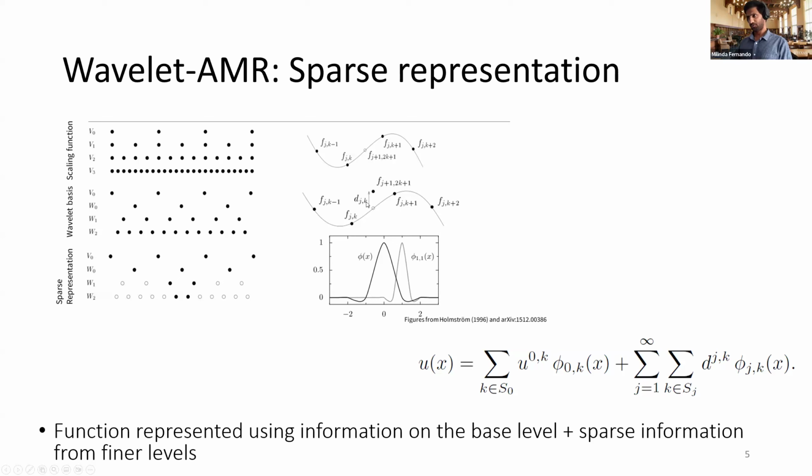If this error is larger than the specified threshold, we decide to keep the final level, otherwise we eliminate it. So this is the idea of the wavelet representation, or the sparse representation, of a given function.